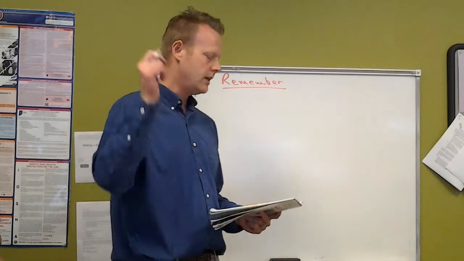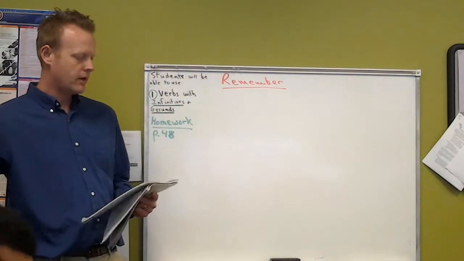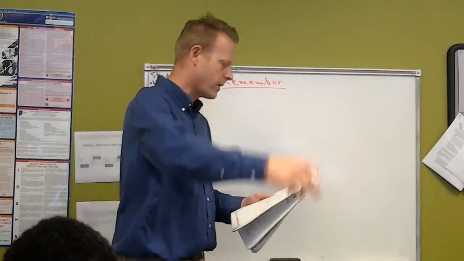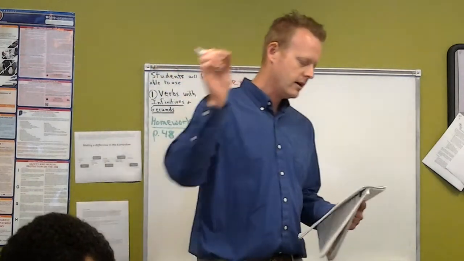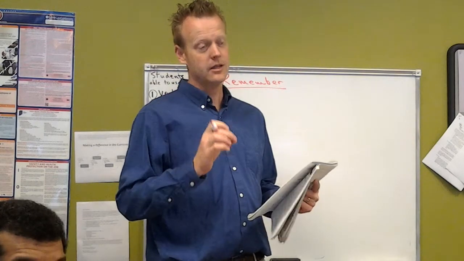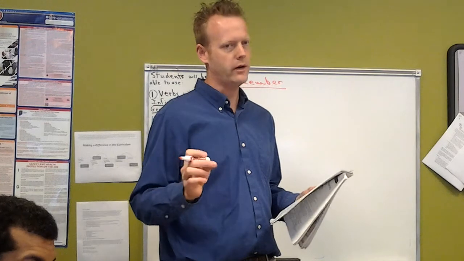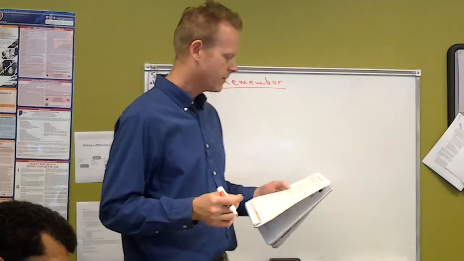But whenever you see these words: remember, forget, regret, try, stop. It's going to change the meaning, okay, when you use an infinitive or when you use a gerund after it. So let's take a look.